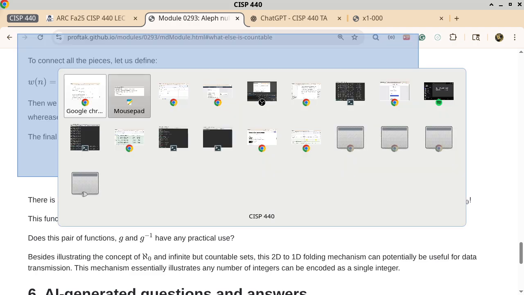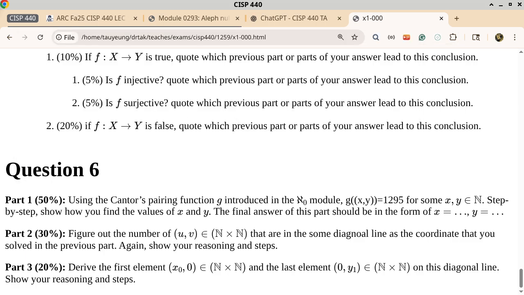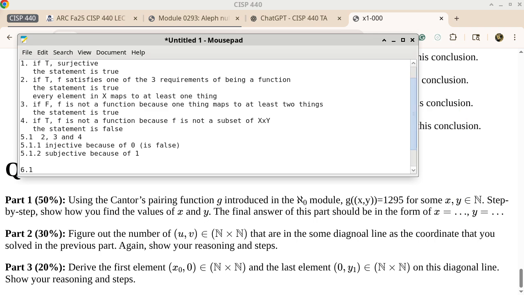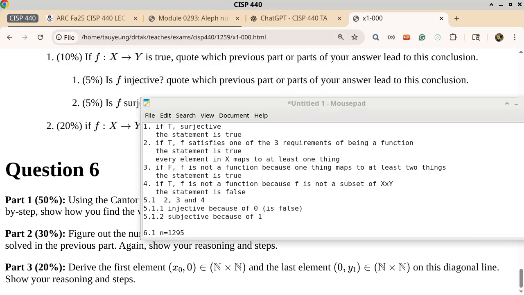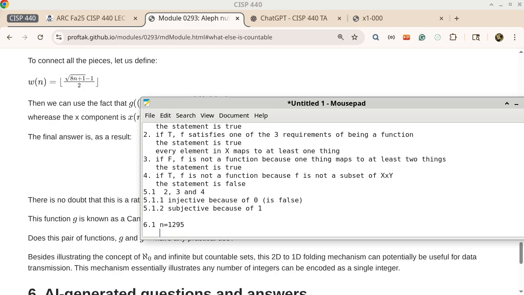So we have, I need to look at the question first. We have 1295, so n equals 1295. And then we go back to the notes, and we ask the question, what is the floor of the... I'm typing this carefully because I want to use a spreadsheet to do all the actual calculation.